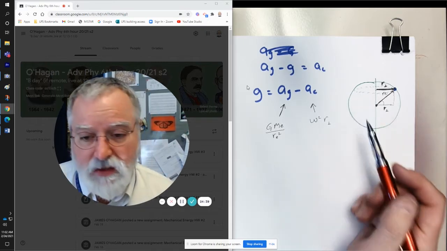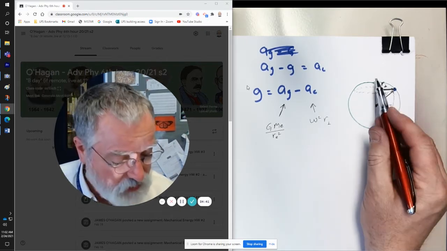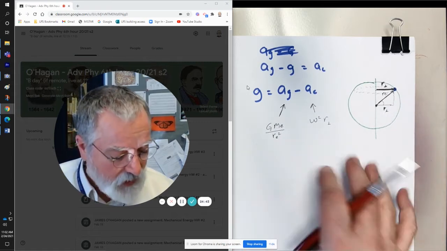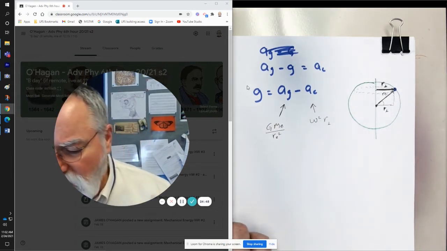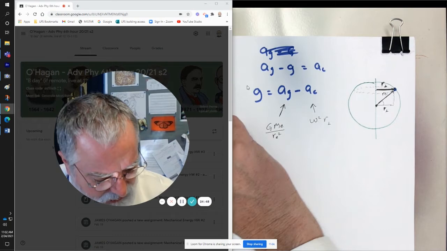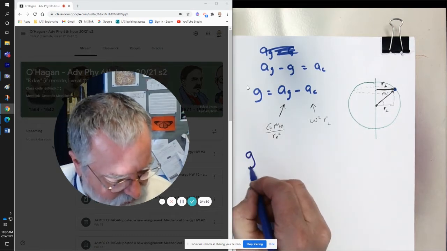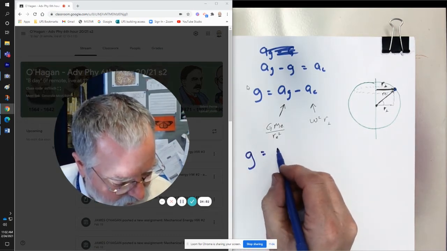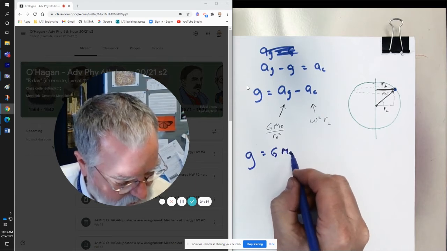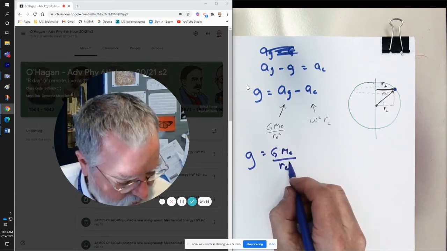At the equator, latitude is 0; straight up top, it's 90 degrees. So if you wanted to actually calculate gravity, g would equal big G, mass of the Earth, over radius of the Earth squared.